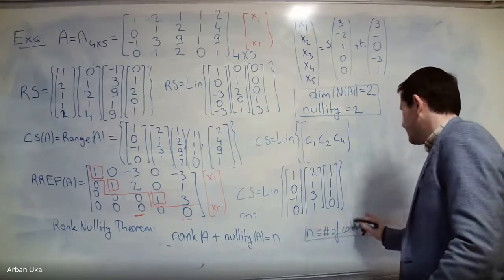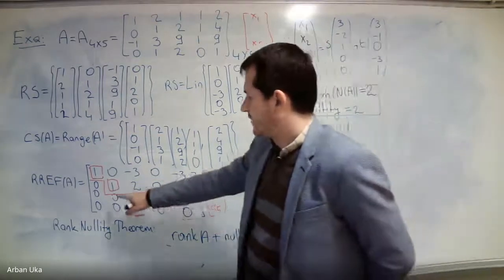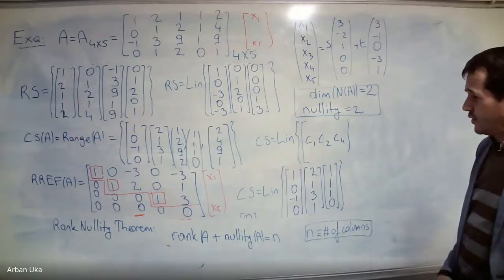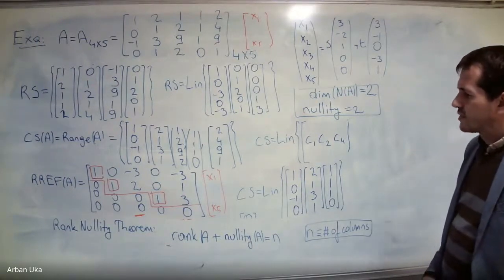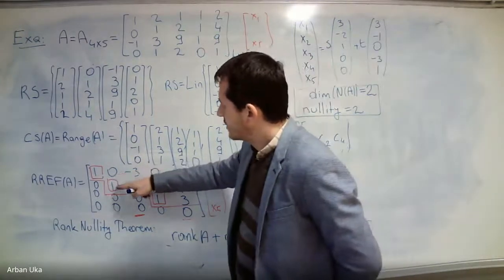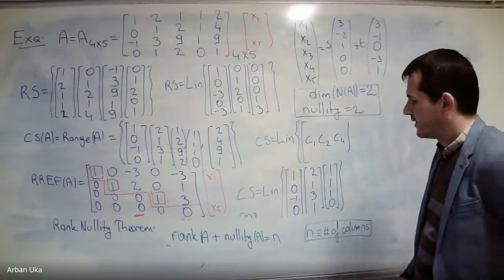So in principle, even if we see here, what was the dimension of the row space? It was equal to 3, right? Because the rank is equal to the number of rows that have leading ones, so it's going to be 3.